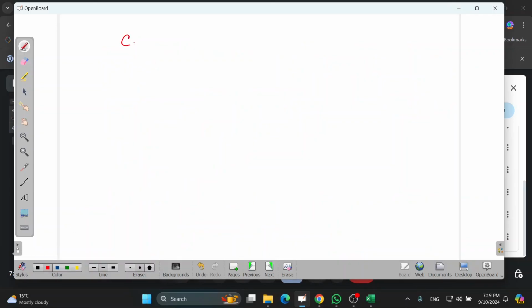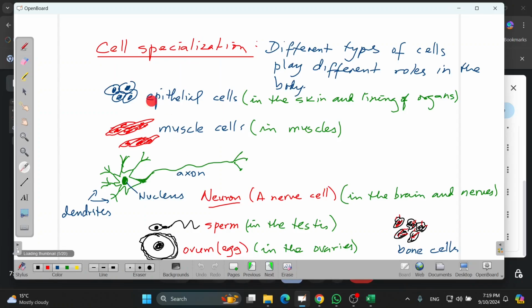When you say cell differentiation, that means the process by which these different types of cells are made. Do you know that we have cells in the body that don't play a particular role? They can be anything. They can be transformed into any other type of cell that we may need.